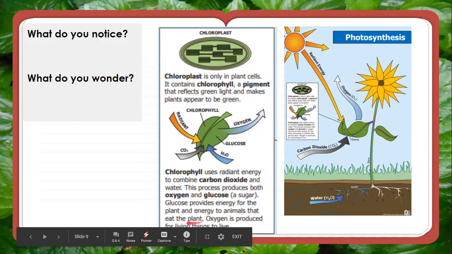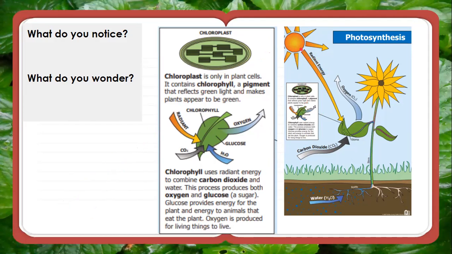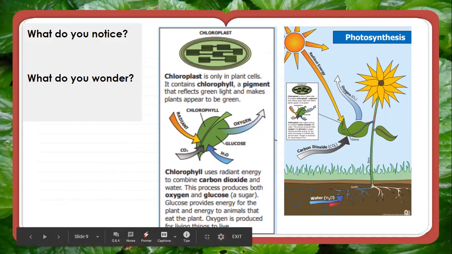Oxygen is produced for living things to live. As you can see, there's a photo of photosynthesis, and the sun is shining down on the leaves, and under the leaves there are stomata, breathing in carbon dioxide and releasing oxygen.